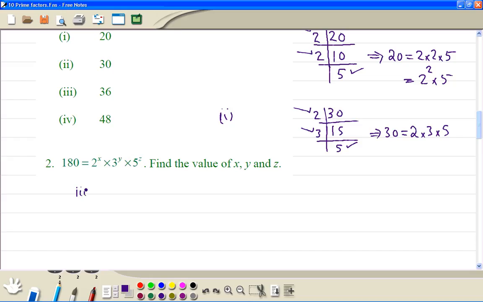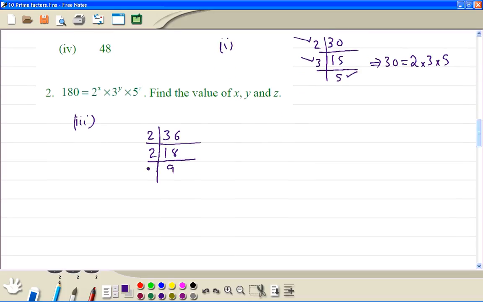Next, we have 36, divided by 2, we get 18, divide by 2 again, we get 9. Then we divide by 3, we get 3. Now this number is a prime number, so we stop.